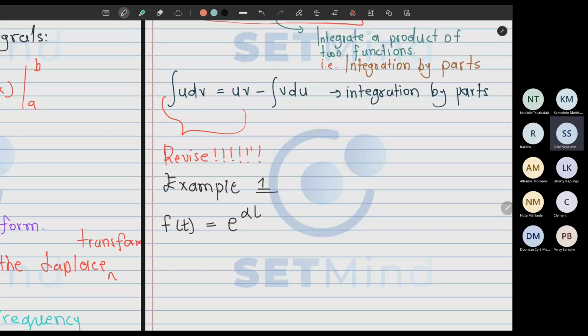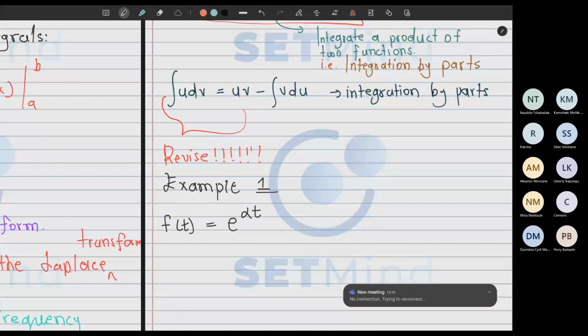And when you look at past papers, which you will in a few weeks' time, at times they say find the Laplace transform of a function, and they say using, okay, my network is bad.